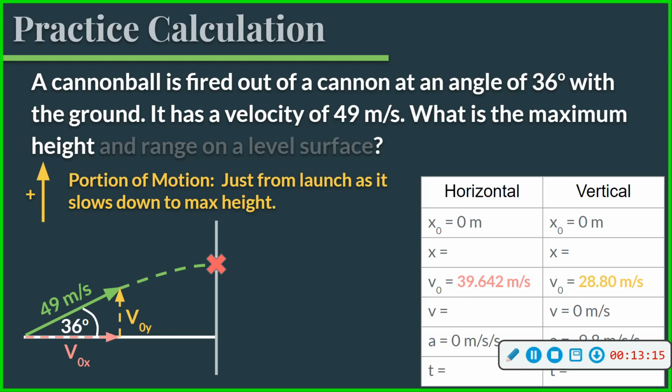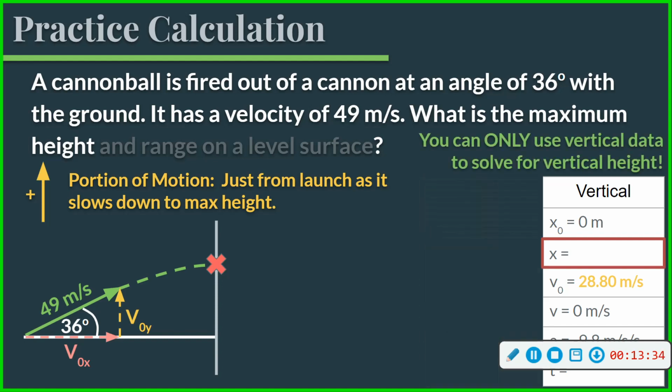Because we already know that our V final is 0 meters per second at the top. So now we can actually start figuring out what that maximum height actually is. Okay? All right, that's x. We know our x naught is 0. We're going to ignore the horizontal for right now because we're just concerned about the y direction.